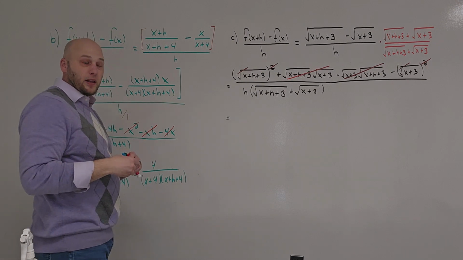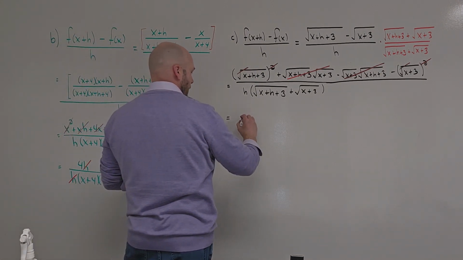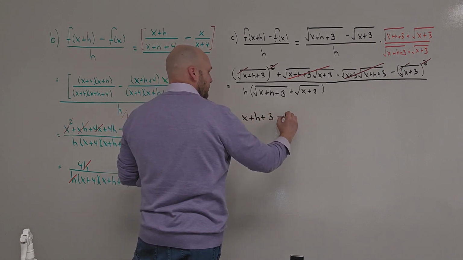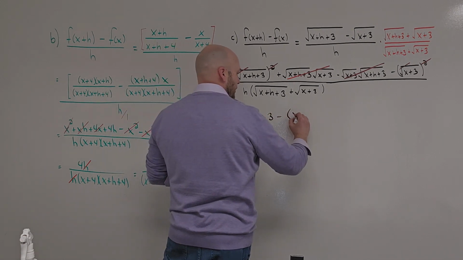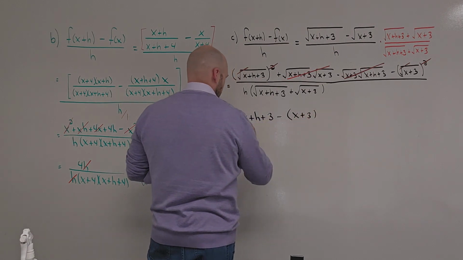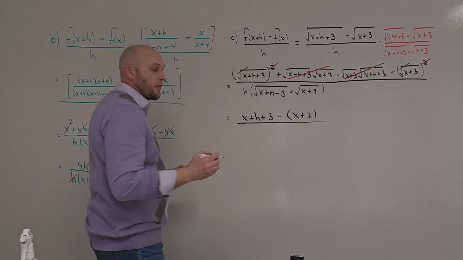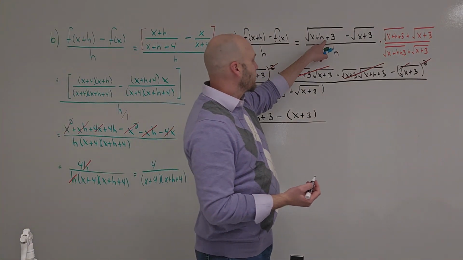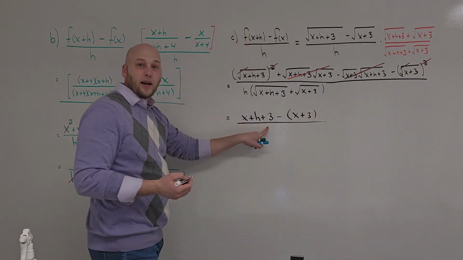Let's write what we have so far: the first radicand, x plus h plus 3, minus the second radicand, x plus 3. You remember I mentioned that was a goal. What if we could just subtract those two radicands? Well, that's exactly what we accomplished.